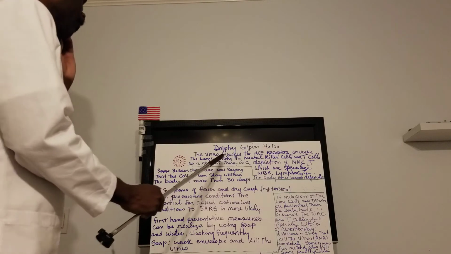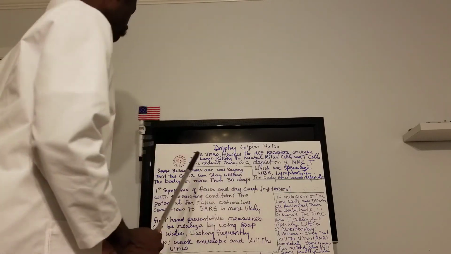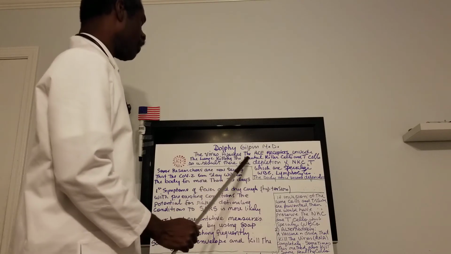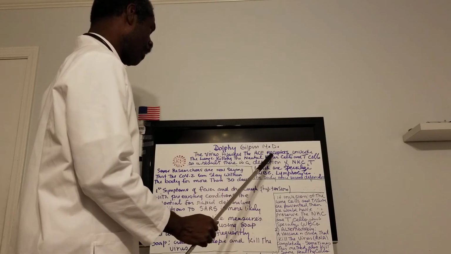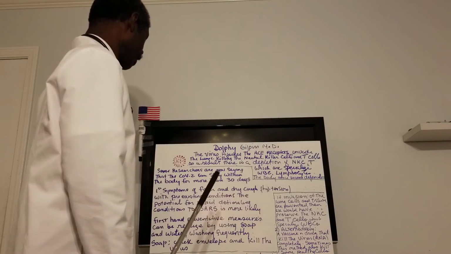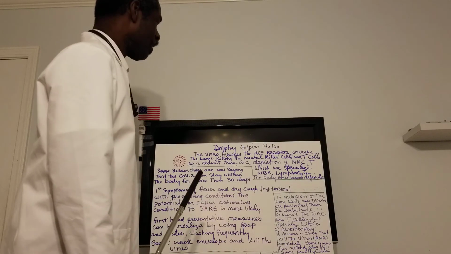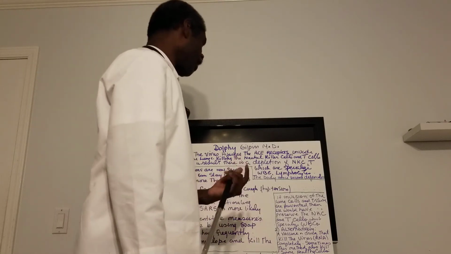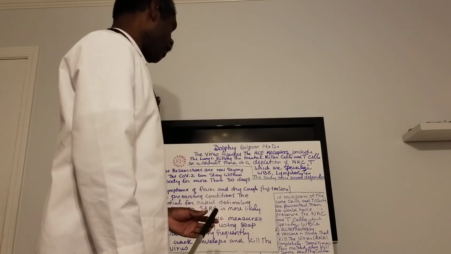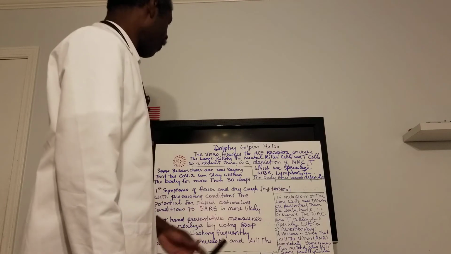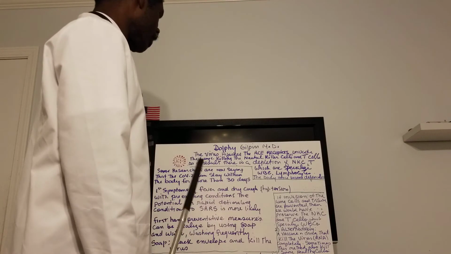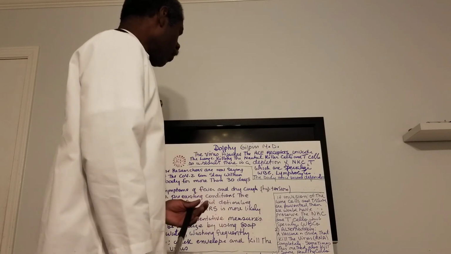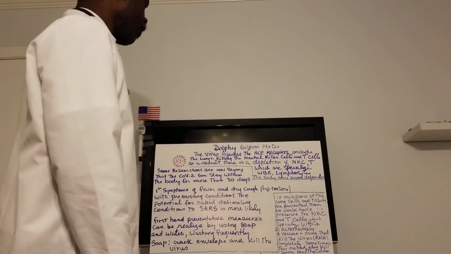Once again, we see that the virus hijacks the ACE receptors, invades the lungs, and kills the natural killer cells and the T cells. As a result, there's a depletion in the number of NKCs, the natural killer cells, and the T cells, which are the immune system's protective components. These NKCs and T cells are specialized white blood cells, or WBCs, and lymphocytes.